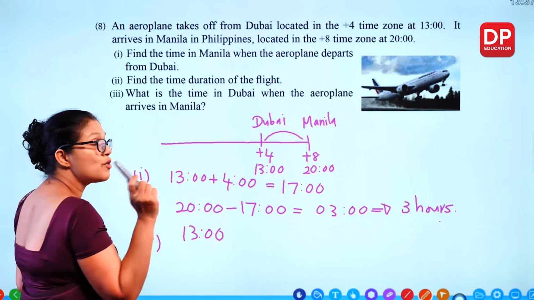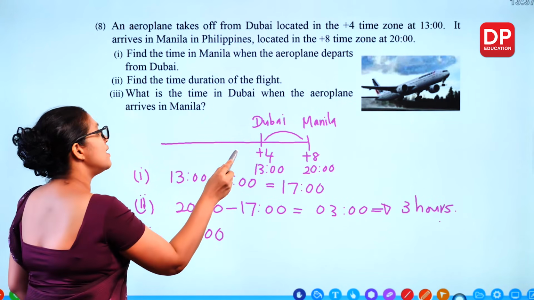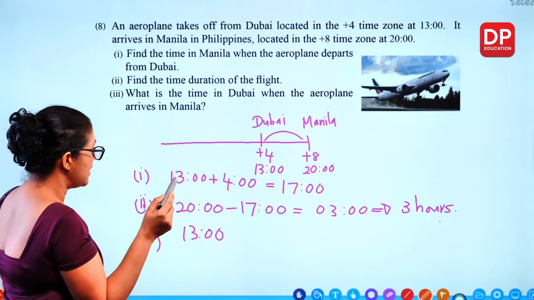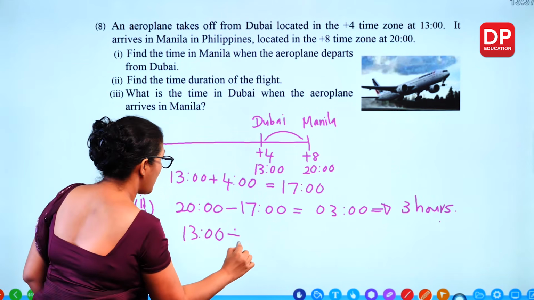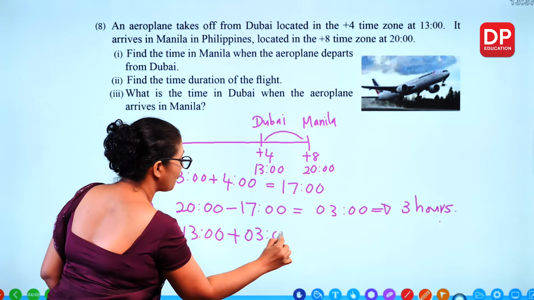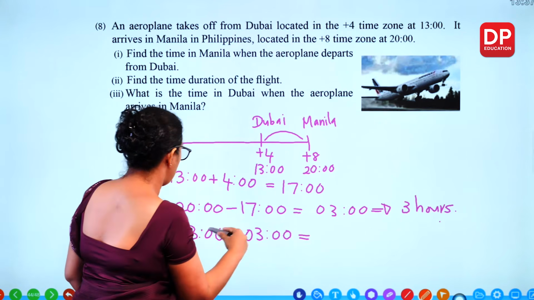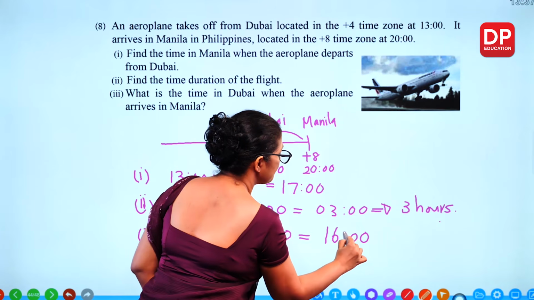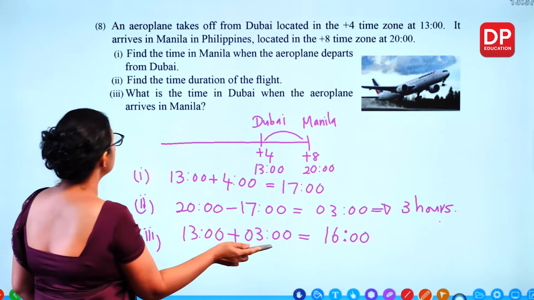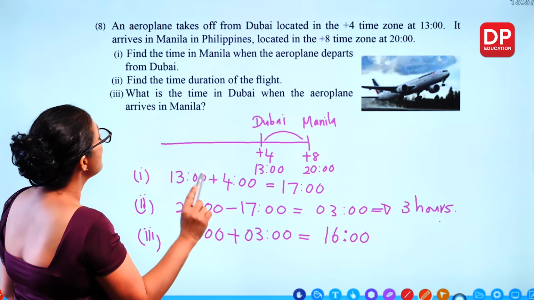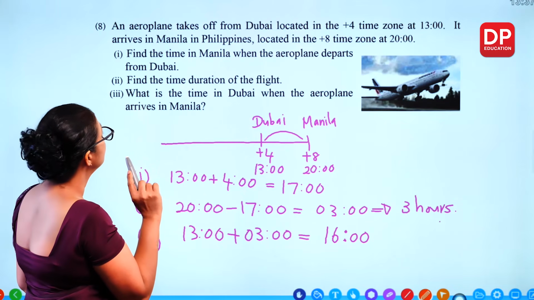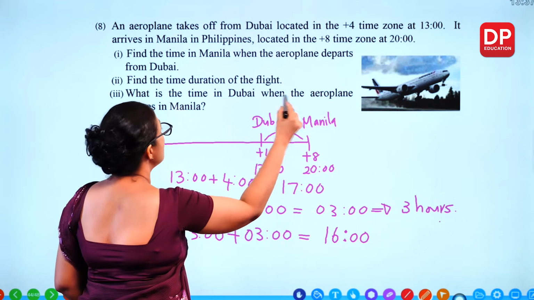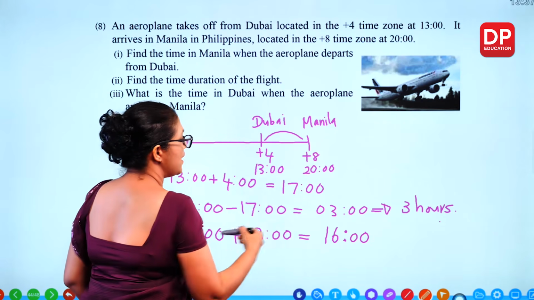The flight duration is 3 hours. Departure time from Dubai is 13. So add 3 hours to that. You get 16 hours. That's the time in Dubai when the aeroplane arrives in Manila.